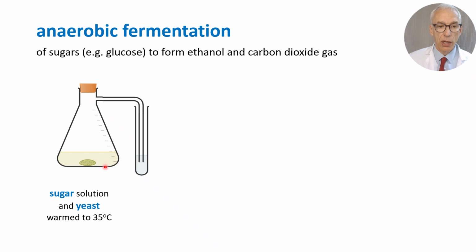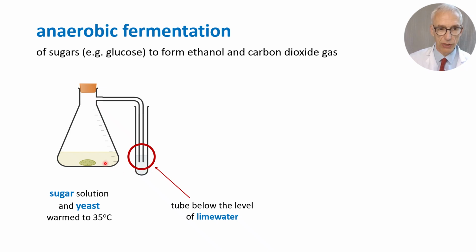We set up a sidearm delivery tube so that any gases that are produced by the fermentation of the glucose or sugars bubble through lime water. Oxygen is also prevented from entering the conical flask by this setup.